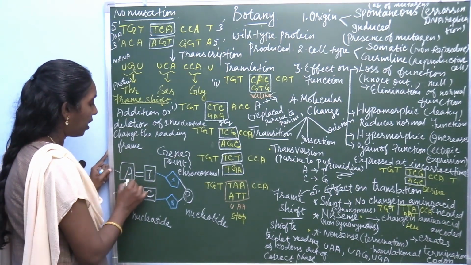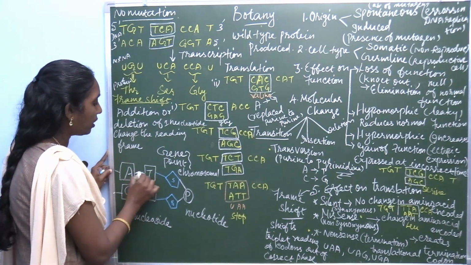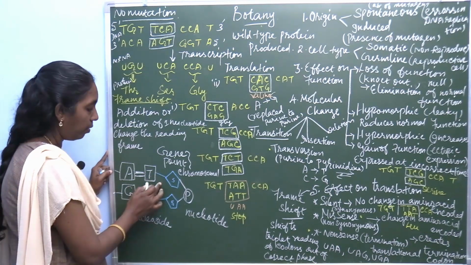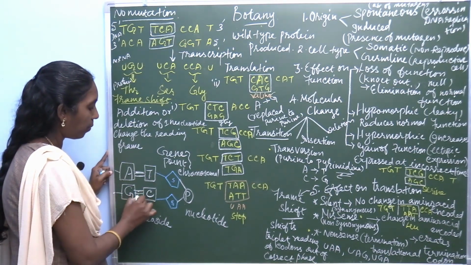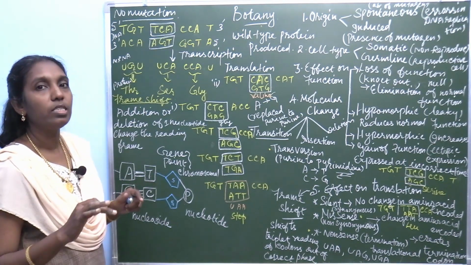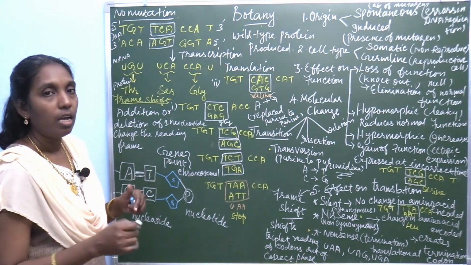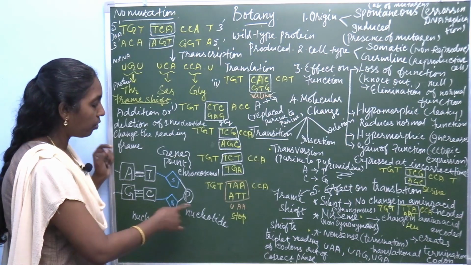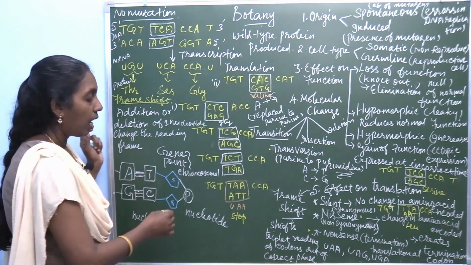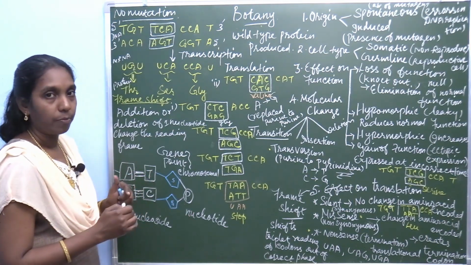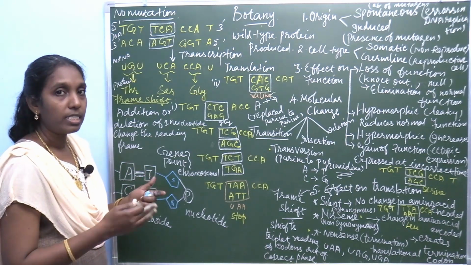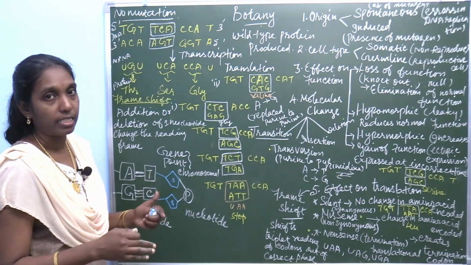Adenine always combines with thymine with a double bond. Guanine combines with cytosine with a triple bond. These are connected with hydrogen bonds. So, when mutation takes place, these hydrogen bonds break.